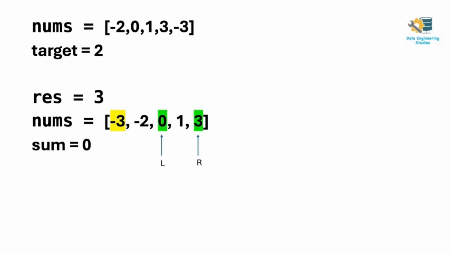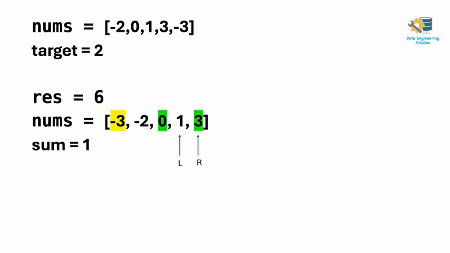Our result is 3 plus 2 equals 5. Now we increment the left pointer. The sum of -3, 1 and 3 is 1, which is less than the target. So right pointer minus left pointer is equal to 1. Our result is 5 plus 1 equals 6.